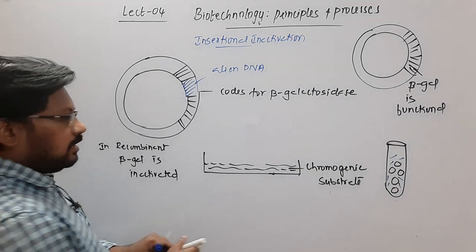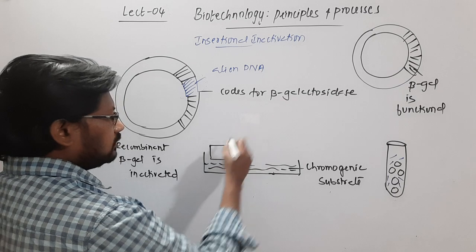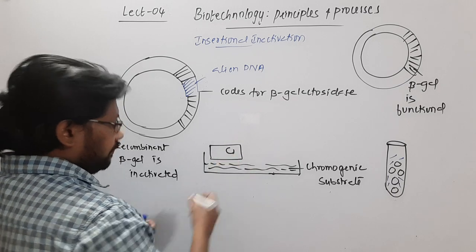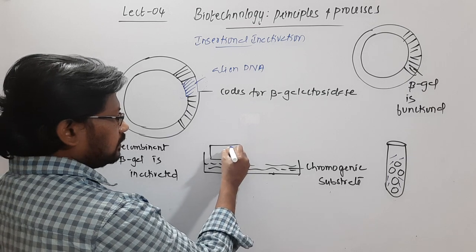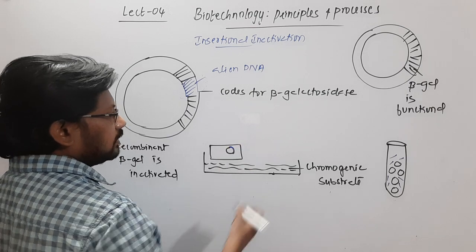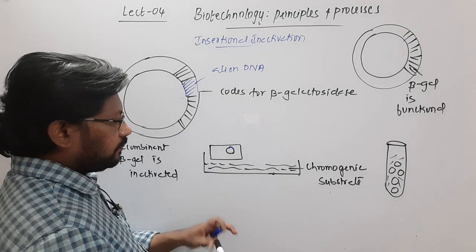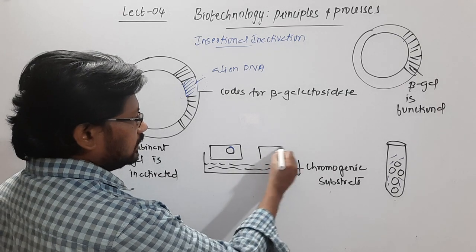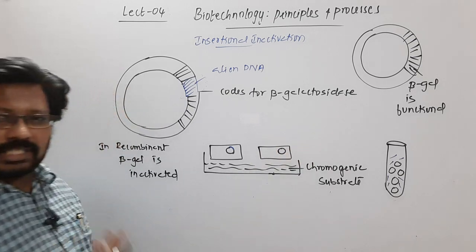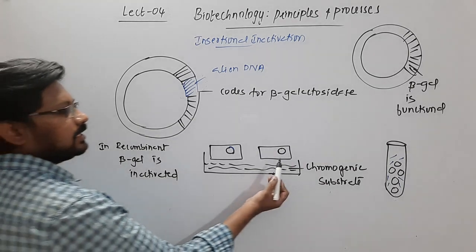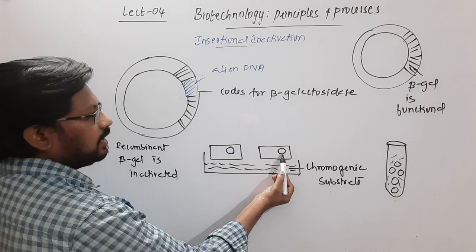Now, if I'm placing the bacterial colony, here this is the transformant in which the beta galactosidase is inactivated, and this is the transformant that has the plasmid which is not recombinant.